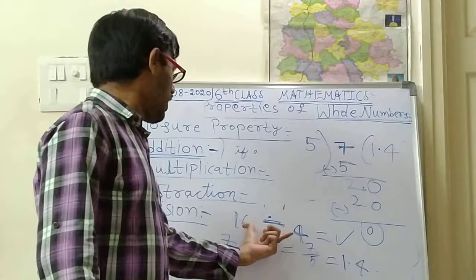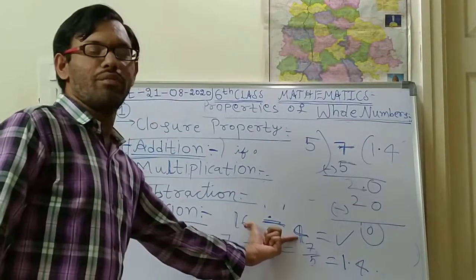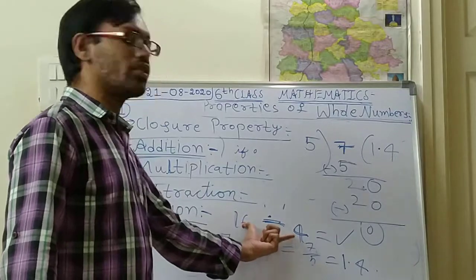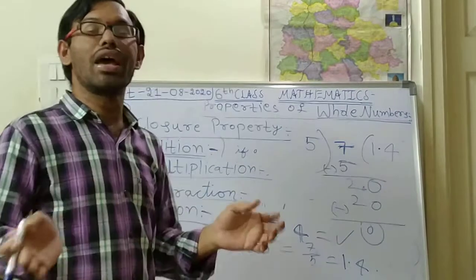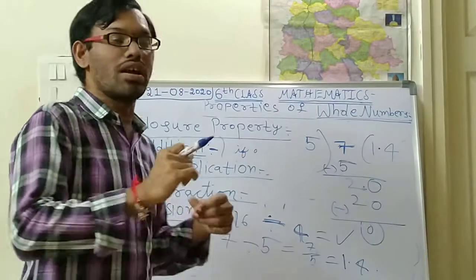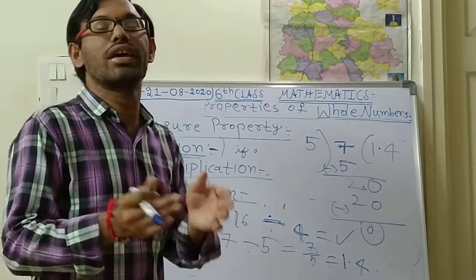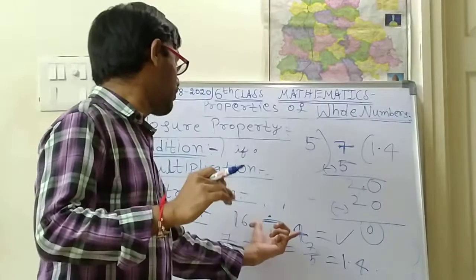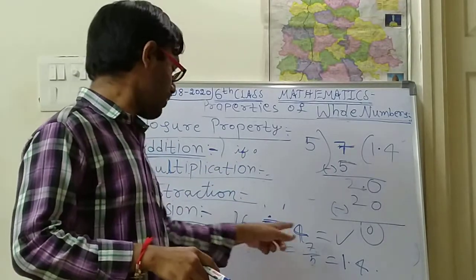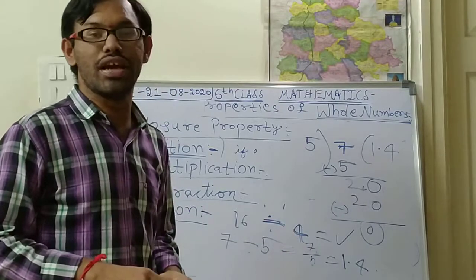How is the 50% chance satisfied? If both whole numbers multiply with each other directly, that means if the numbers are there in the multiplication tables, then only the division property will be satisfied.